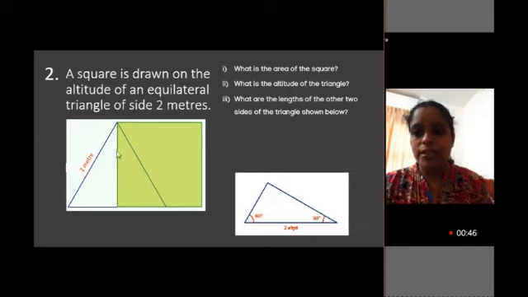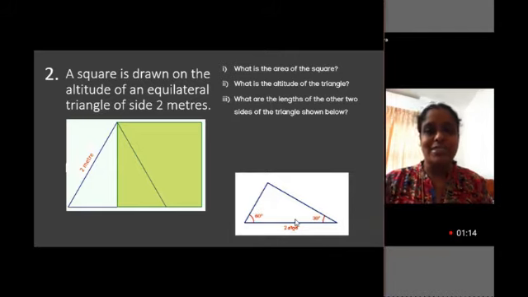So taking this altitude as one side, here a square is drawn and we want to find the area of the square and the length of this altitude. And here the length of one side is given. We want to find the length of the other two sides of this triangle.